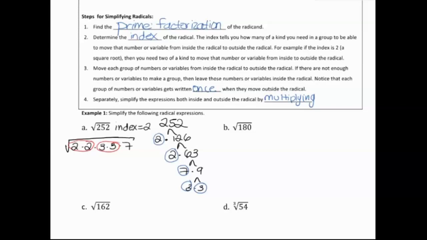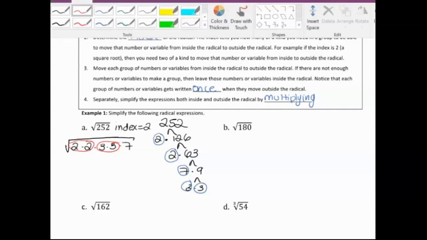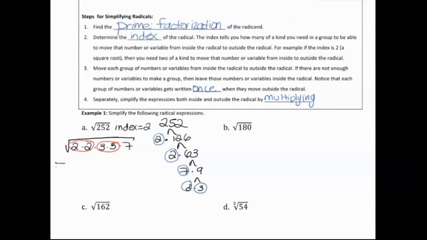So step 3 is to move each group of numbers from inside the radical to outside the radical. Each group of numbers gets written once when they are moved outside the radical. So this is going to be 2 times 3, the square root of 7.